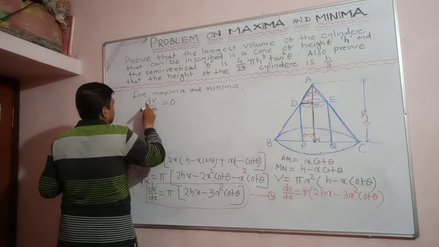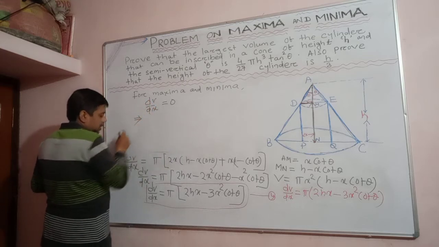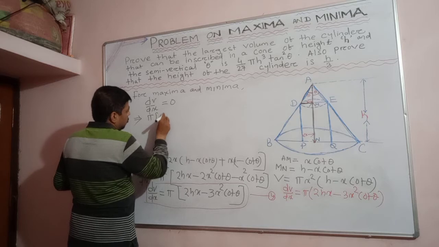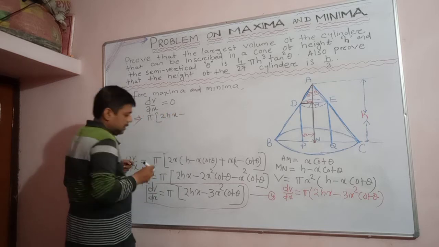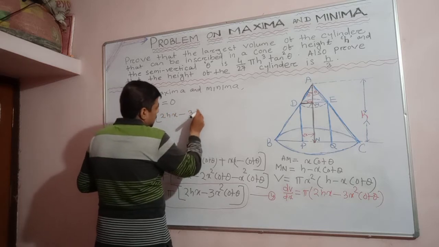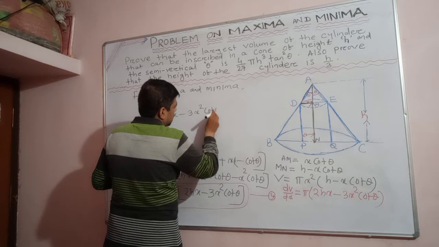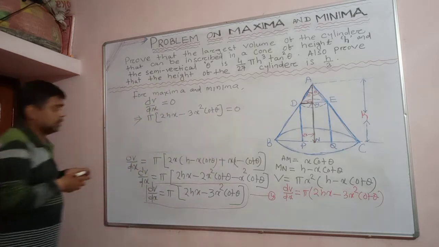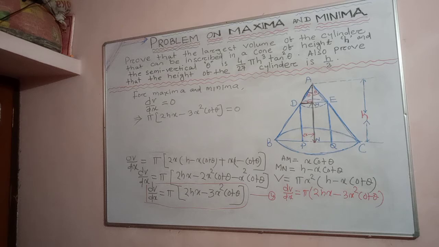All of you know. So that implies pi whole into 2hx minus 3x square cot theta is equal to 0. Understand?